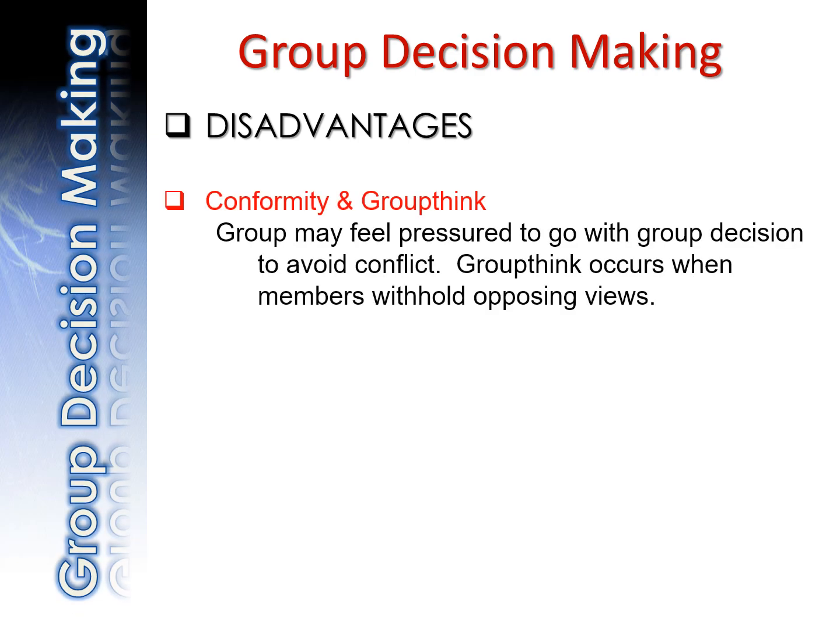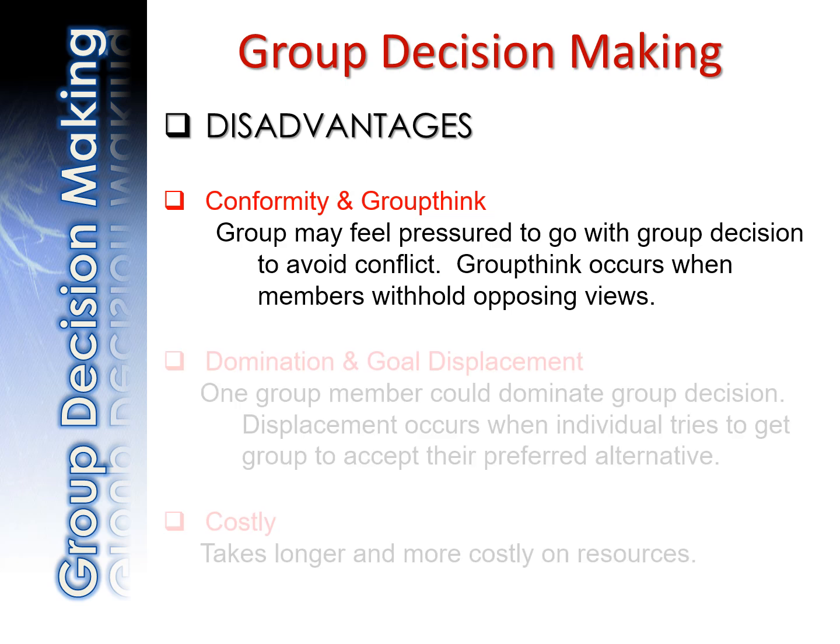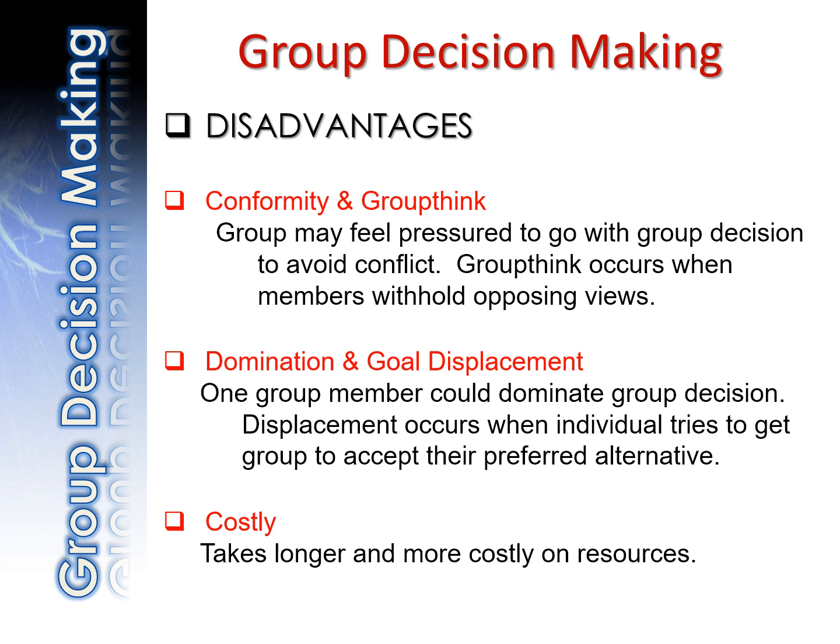There's also conformity and groupthink. Group members may feel pressured to go with a group decision to avoid conflict. Groupthink occurs when members withhold their opposing views. Domination and goal displacement: one group member could dominate the group decision. Displacement occurs when an individual tries to get the group to accept their preferred alternative. And again, a disadvantage of group decision making is it takes longer and it costs more in resources.